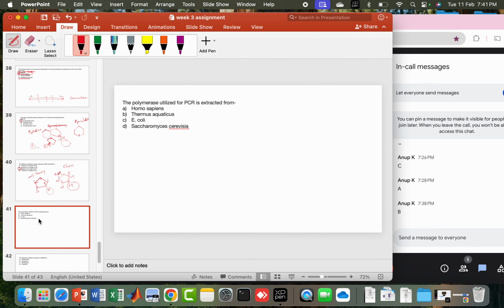The polymerase utilized in PCR is extracted from which source? Since it has to elongate at higher temperatures, the elongation temperature is optimally 72 degrees Celsius, and thus this Thermus aquaticus bacterium, a thermophilic bacterium, is the source.